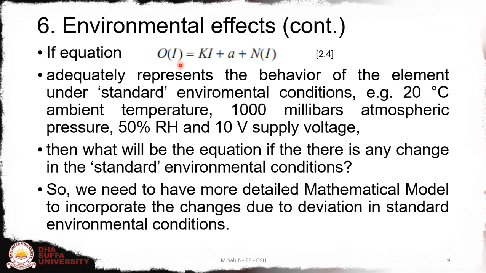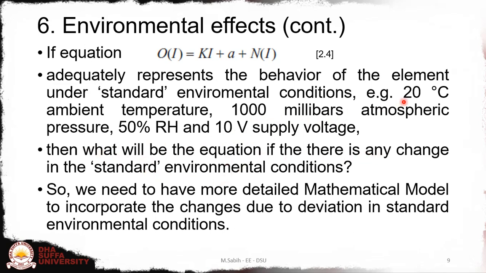So if this equation, which says that the actual output of the element equals KI plus A plus the nonlinearity, adequately represents the behavior of the element under the standard environmental conditions, for example the temperature was 20 degrees centigrade, 1 bar atmospheric pressure, 50% relative humidity, and the supply voltage was 10 volts when you operated that device, then what will be the equation if there is any change in the standard environment?